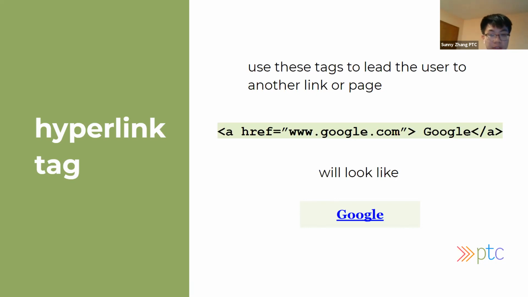So inside of the opening bracket or opening tag, as you can see on the screen here, you use href equals and then insert the site URL. For example, here we have www.google.com. And then that will insert the hyperlink to the text. And then when the user clicks on the text, that'll take them to whatever URL you've put in.